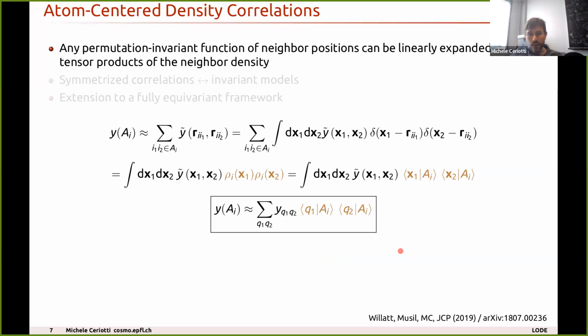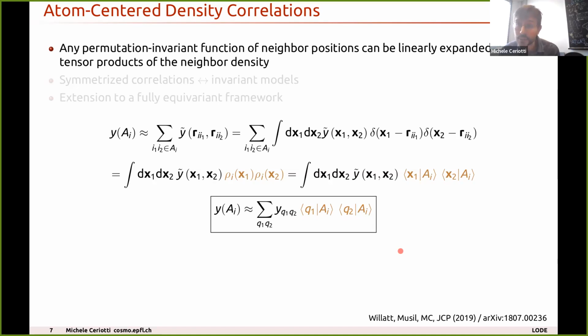So now, once you enforce all of these requirements, this restricts quite substantially the design space of possible models, because basically it means that we are trying to expand the property of our structure in terms of properties of atomic environments, and we want to express these functions in terms of symmetric functions of the coordinates of the atoms.